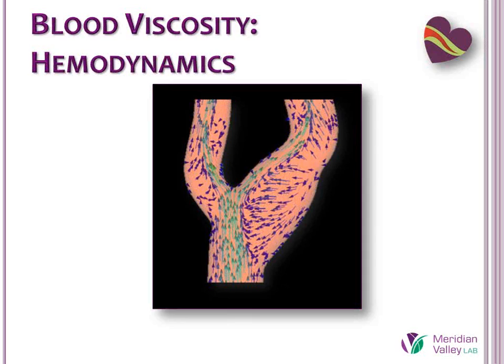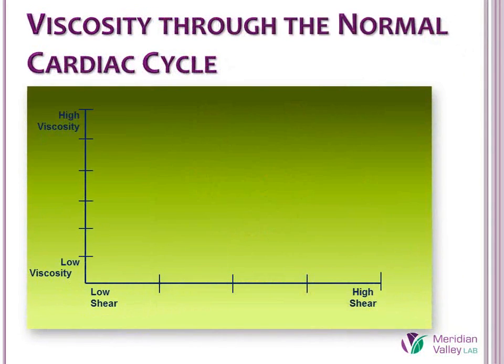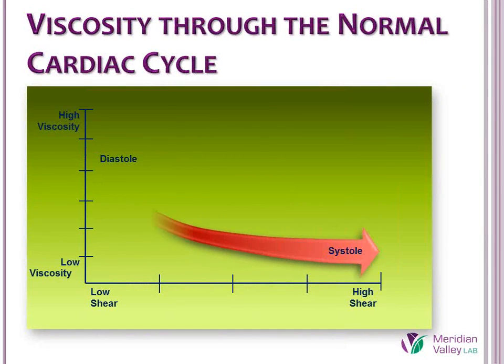So you can see that the blood flow is really quite dynamic. The direction of flow is quite dynamic. So with each cardiac cycle, blood viscosity is changing back and forth from higher viscosity at diastole to lower viscosity at systole and back again.